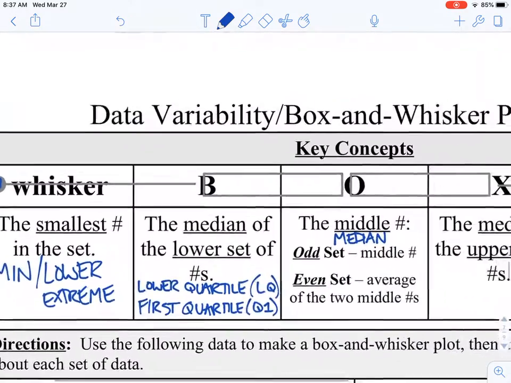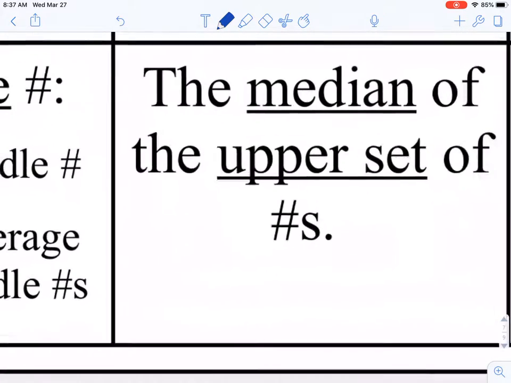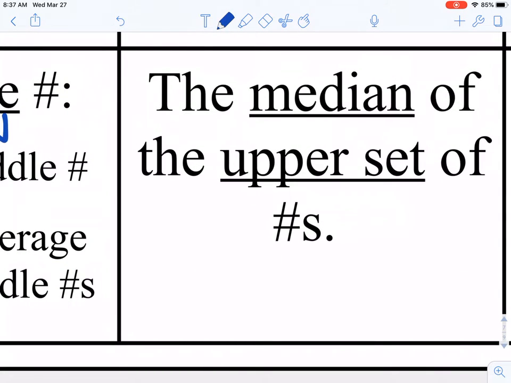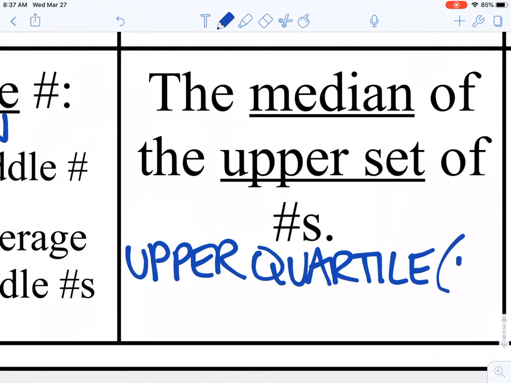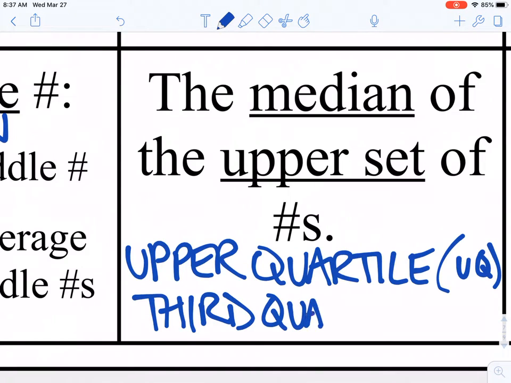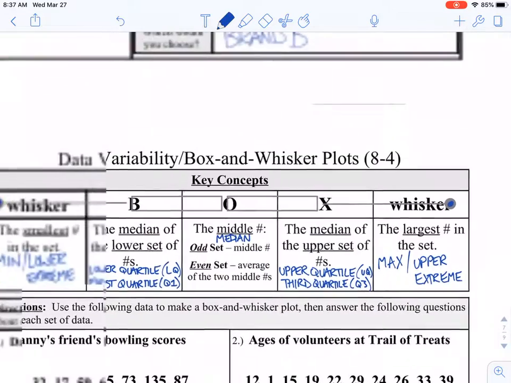And then for the upper set of the data, you would also find that median, which is known as the upper quartile, which is UQ, or the third quartile, referred to as Q3. All right.